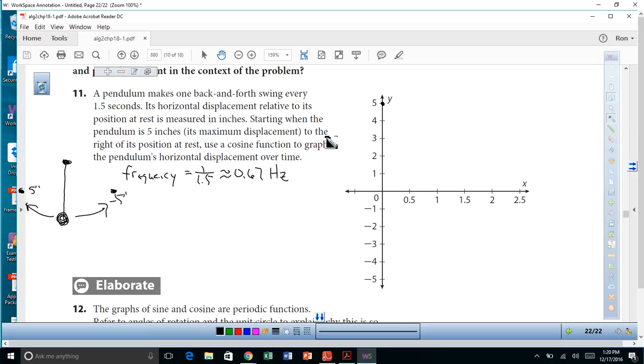At 1.5, it's going to be back up here at 5 inches. Now, halfway in between, it's going to be at negative 5. And then we graph it. It's going to look something like this right here.